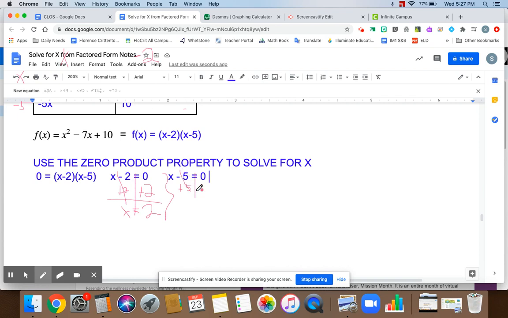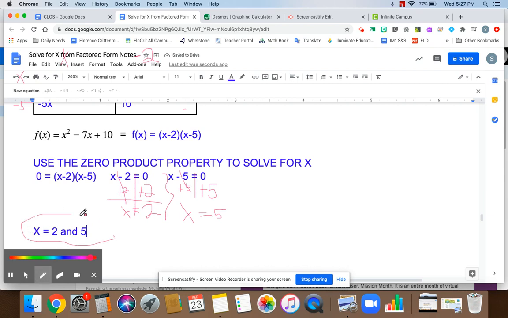So they eliminate from here, but I have to do it to the other side as well. So that I find out that x would equal 0 plus 5, which is just 5. So now I figured out that my two answers are x equals 2 and 5. And that would be my answer for this one.